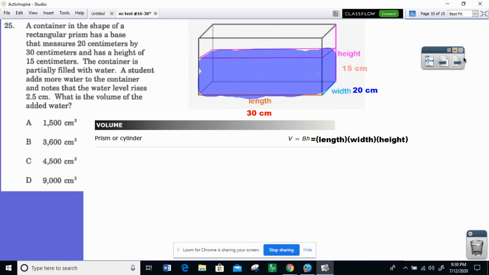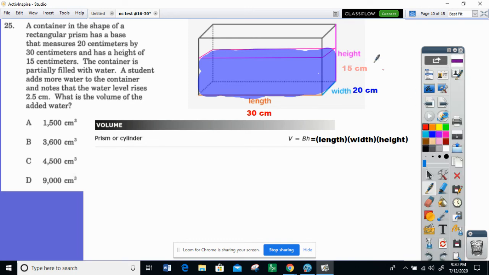It's only saying if we add another 2.5 centimeters worth of water, and only calculate the volume of the water that we've added in here, what would that volume come out to be?